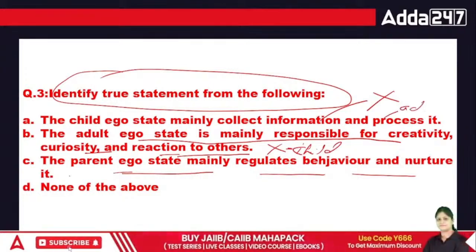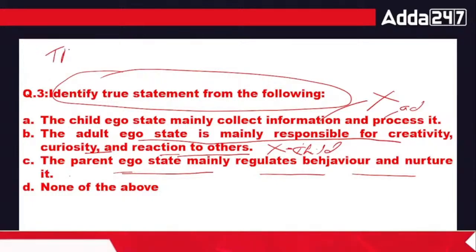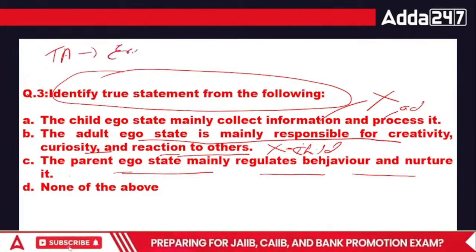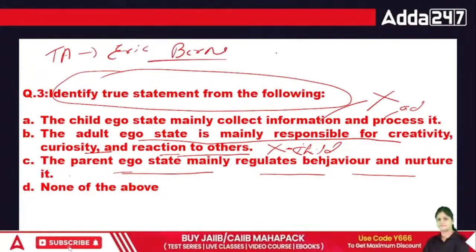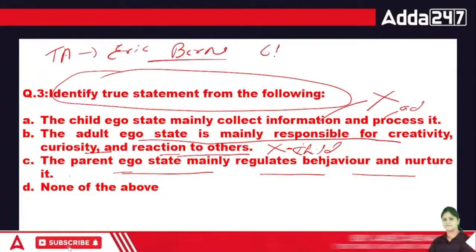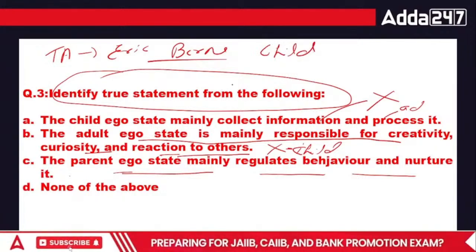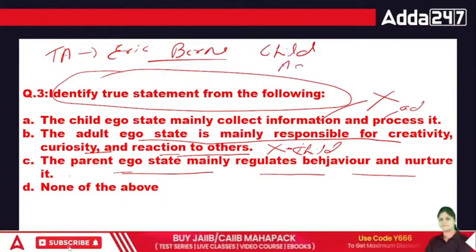But the third one, see, in transactional analysis, which was given by Eric Berne, we have done it in the paid class also. He has given the three states, that is child, adult and parent, right?